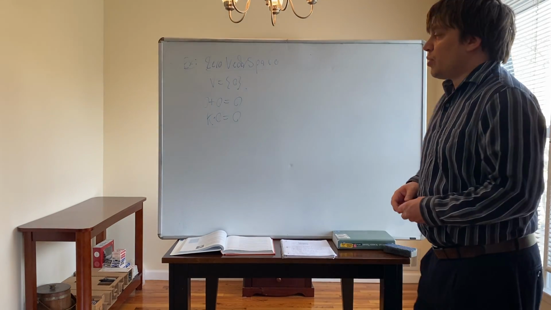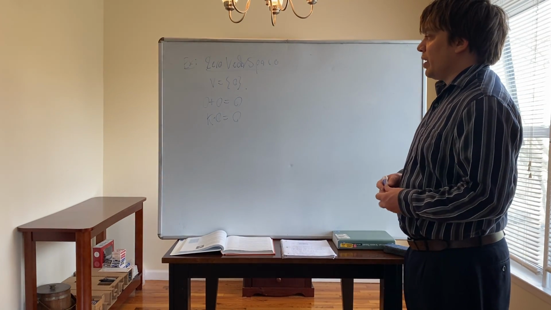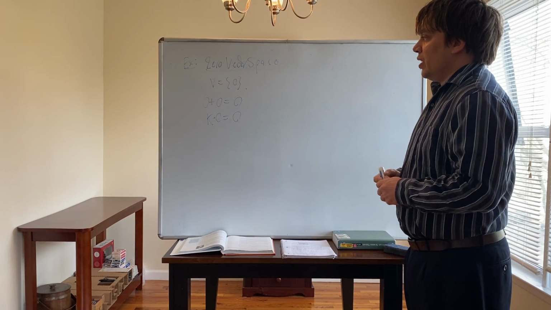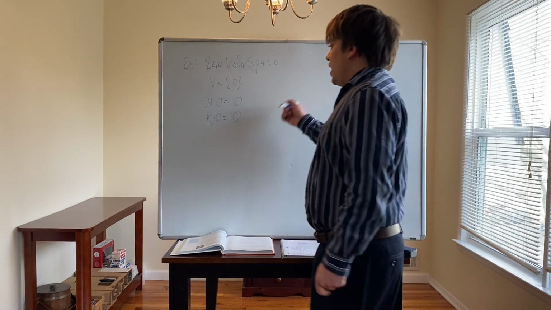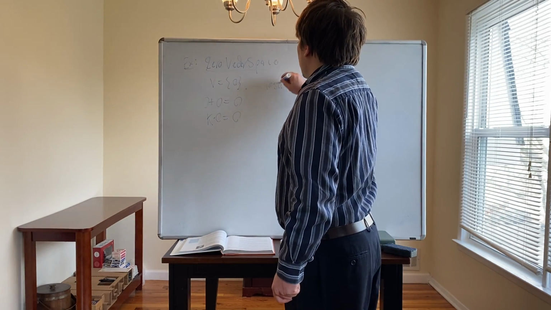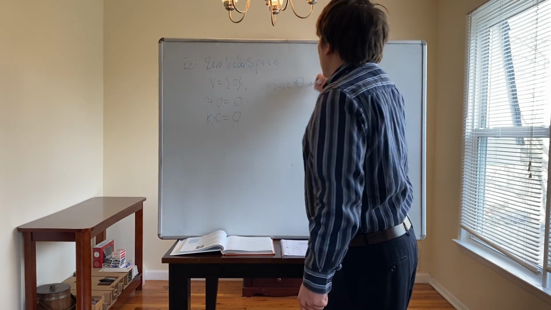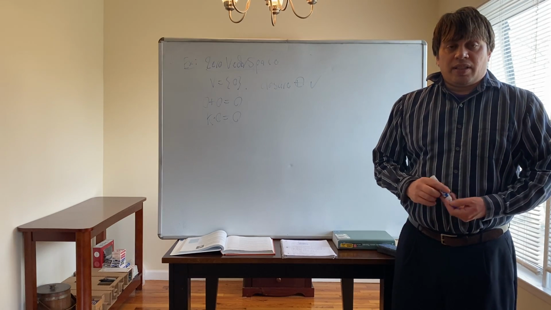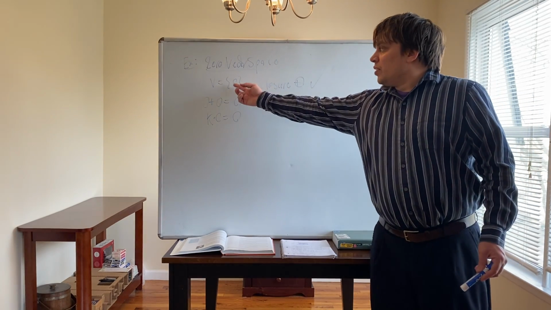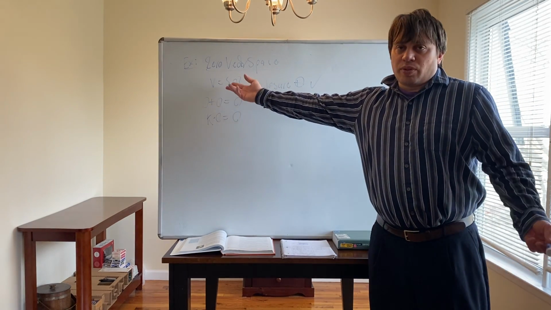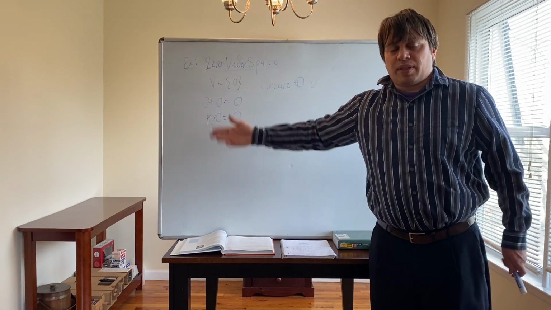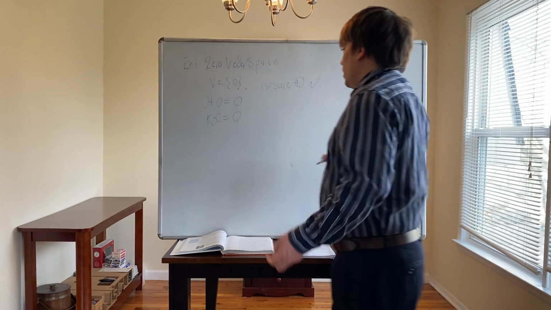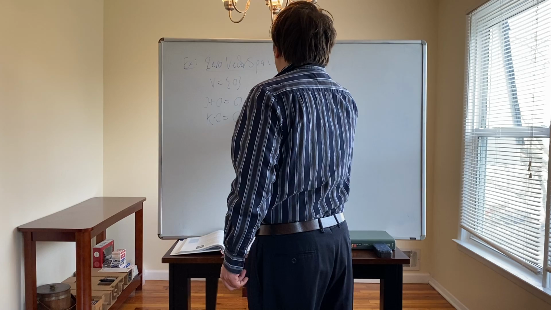Okay, all 10 axioms hold for this vector space. It has closure for addition. If you add two zeros, you get 0. That means that you take any two objects in V, which is only 0, and you add them, you get another object in V, 0 itself. Commutativity holds.